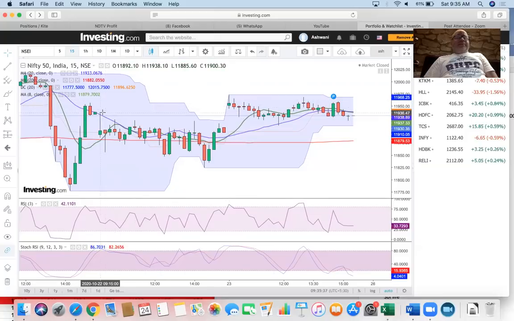On the Nifty, yesterday was a very narrow range. So as we can see here, the Thursday's session had a high at 11,885, had a low at 11,824, and it closed around 11,904.